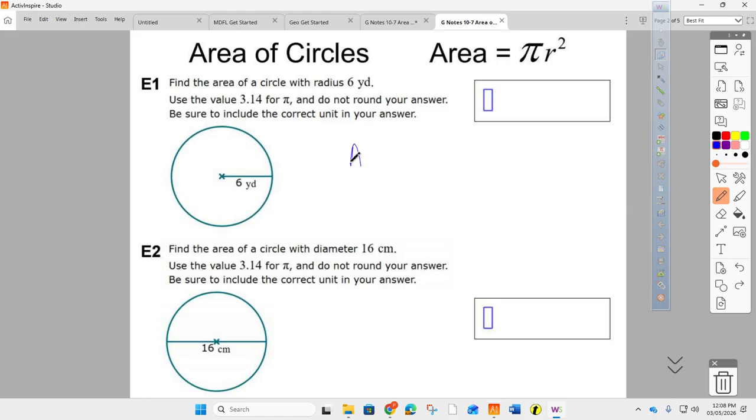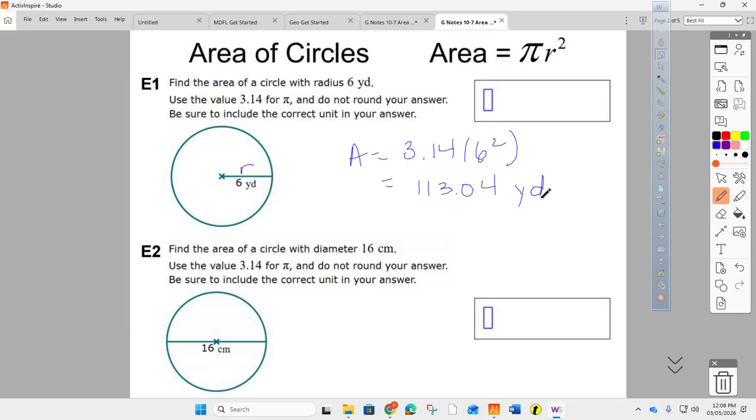So the area of this circle, so this is our radius, is 3.14 times 6 squared. You can just do that on your calculator. 3.14 times 6 x squared equals, and we get 113.04.